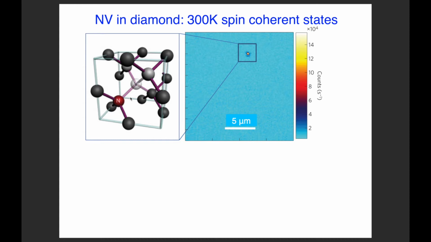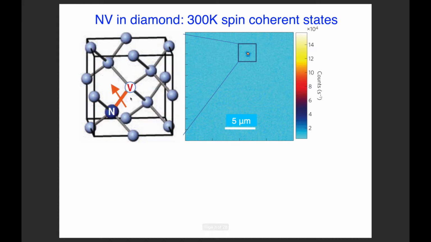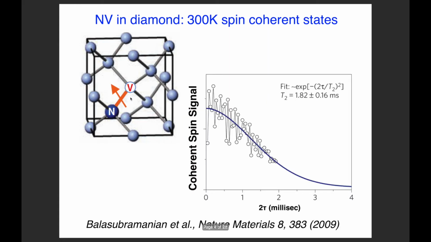And in addition to having a ground state spin 1, when it is negatively charged, this object is optically active, as indicated on the right. It has fluorescence that can be detected, and that fluorescence is an indication of the spin state of that spin 1 object.